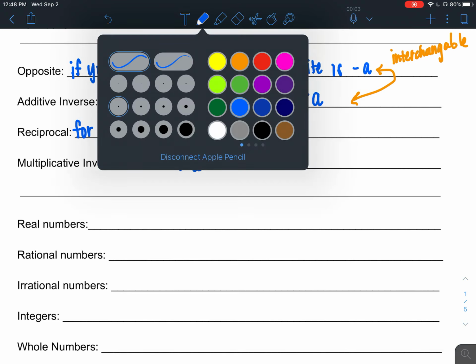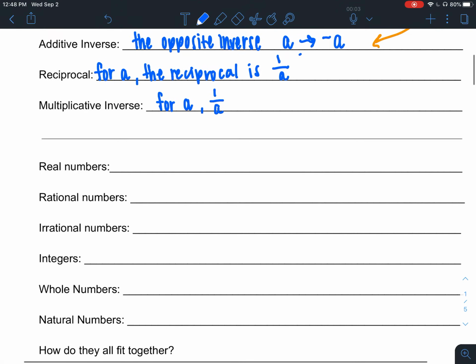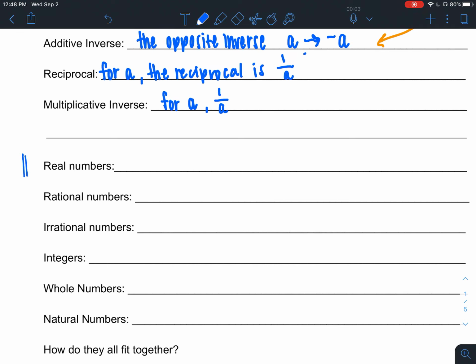All right, now we have real numbers. Let me make my pen a little smaller so I can see better. So we use the symbol, the double-barred R, for real numbers. Okay, and this includes all numbers except irrational numbers.